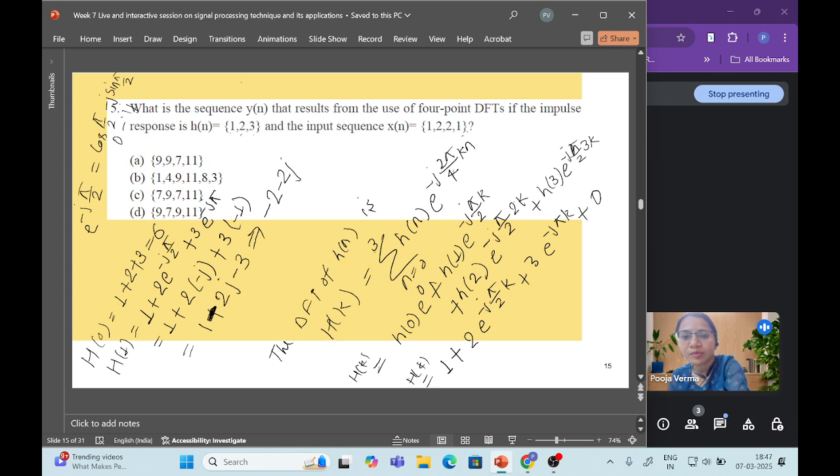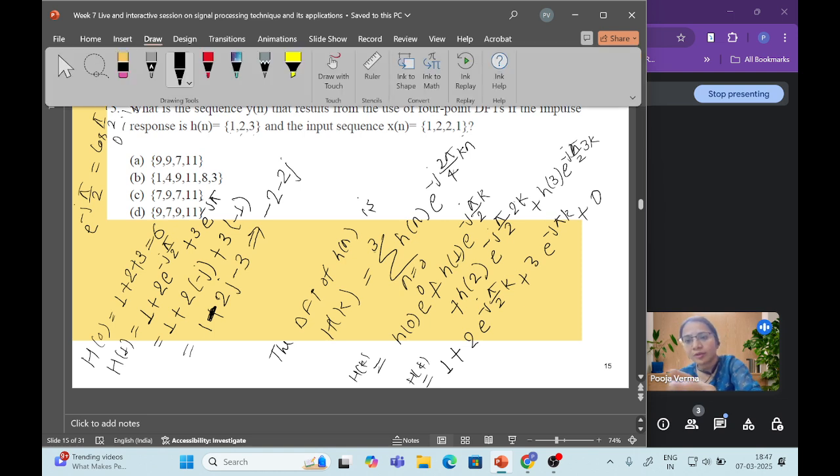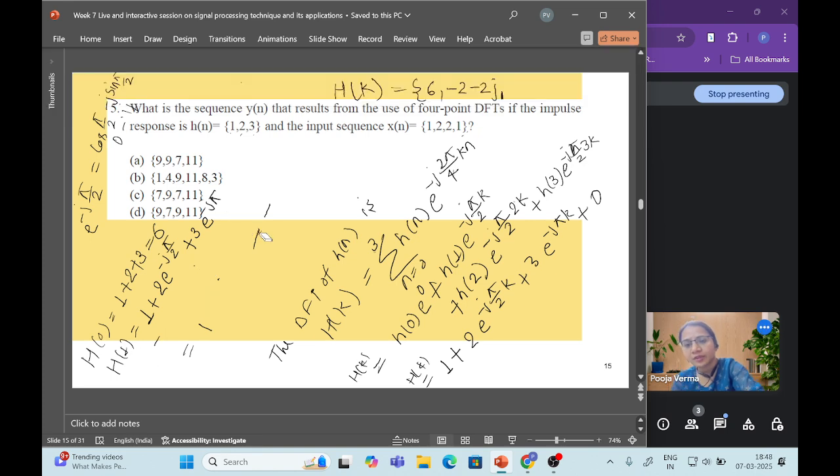So I am just writing all the values of H of k here, where k will vary 0 to 3, so first one is 6, second one is minus 2 minus 2j, third value we will calculate. Okay, so I'm removing it from here. Just all those things you can calculate separately. That's why I have told you to just carry one calculator.